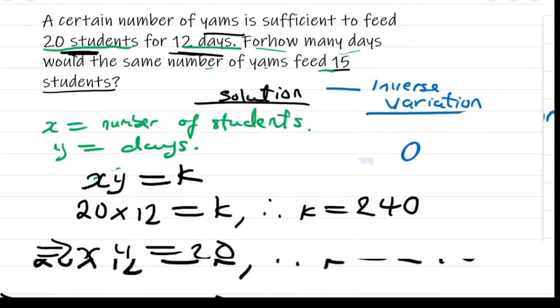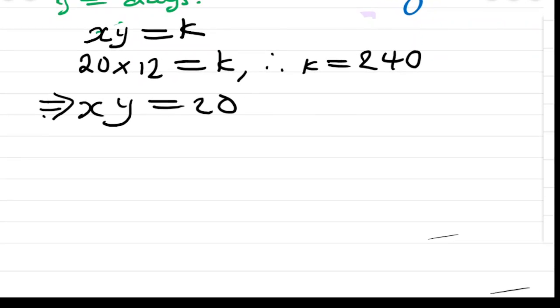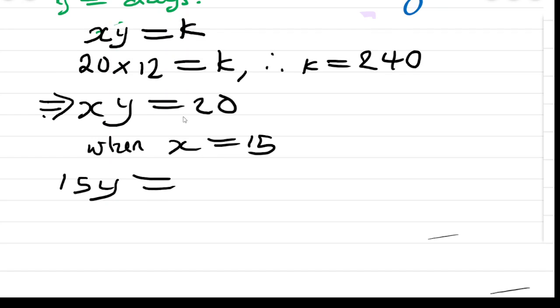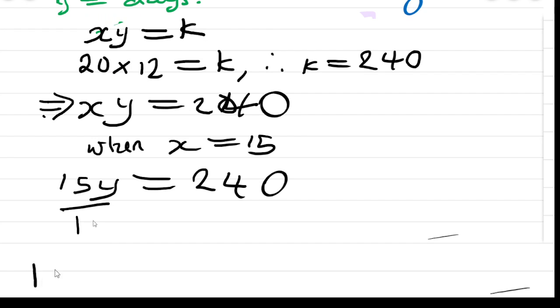Now they are asking us how many days will the same yam feed 15 students. So when x is 15, what would y be? When x equals 15, we have 15 times y is 240. So I divide by 15.